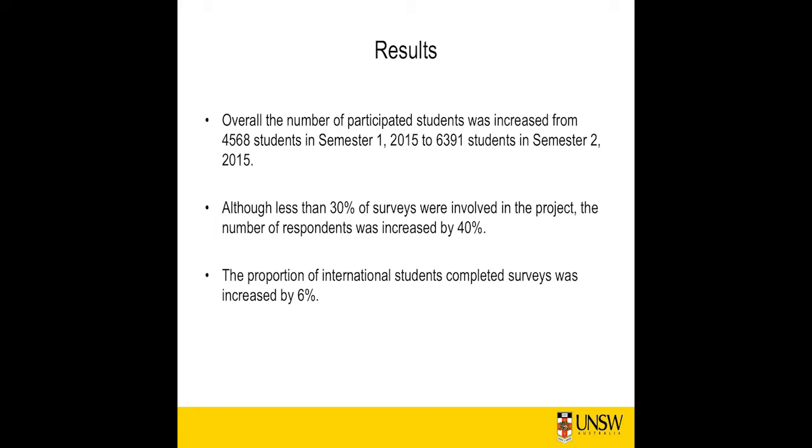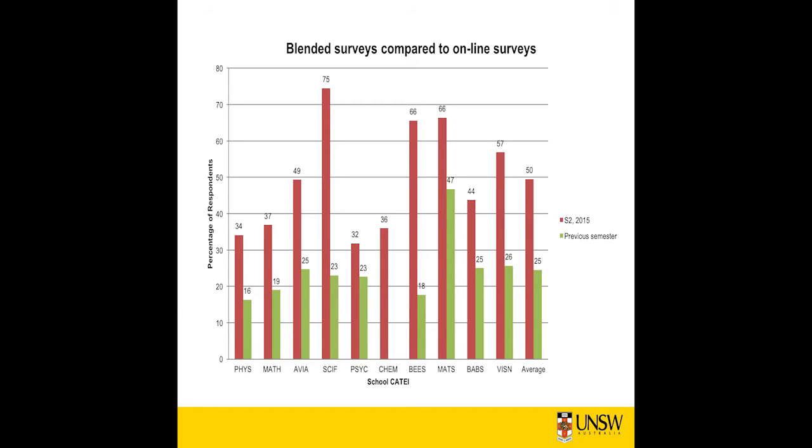So let's have a look at the graph. In green, we have the participation rates for the previous time this course was taught. So all over the 10 schools, and the last two bars are the average values.